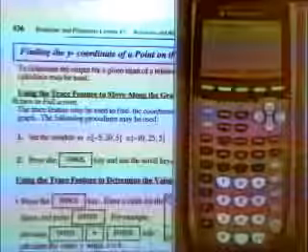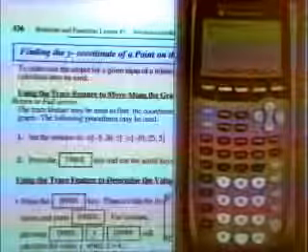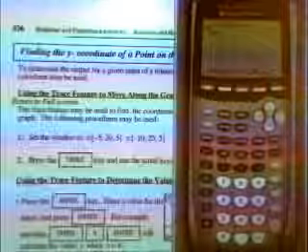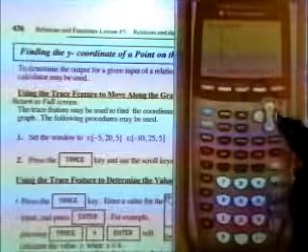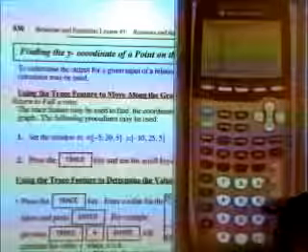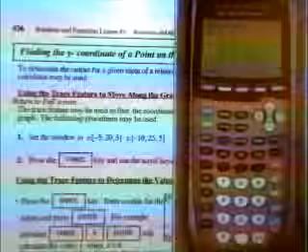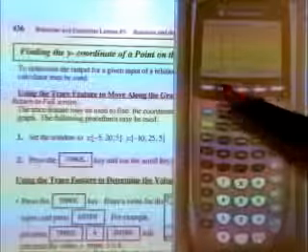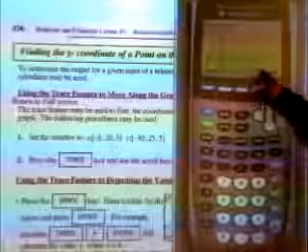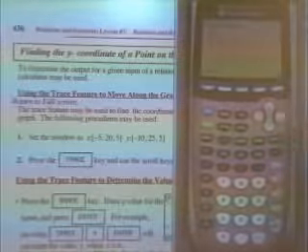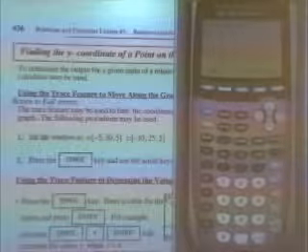So what I can do to determine those y values when I'm given an x value is, once I've got this cursor on the line and I've pressed the trace button, I can just press 9 and then press enter. And at the bottom of my screen, I have x equals 9, and then I have the y value. And the cursor is actually flashing on the line. So the cursor jumps to that point when x equals 9.